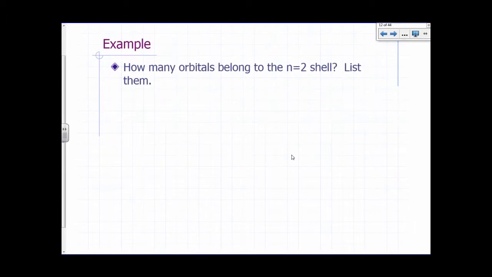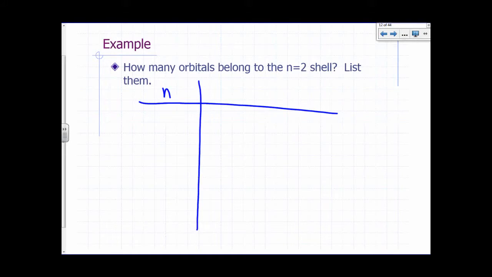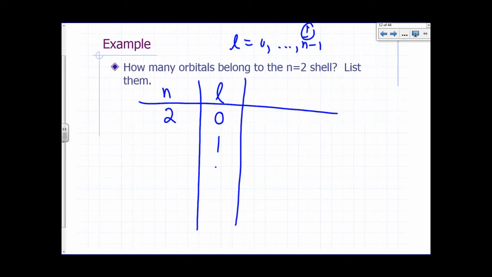How many orbitals belong to the n equals 2 shell? What are they? If n equals 2, then l can be either 0 or 1, because l can be 0 up to n minus 1, and 2 minus 1 is 1. For l equals 0, m can only be 0.